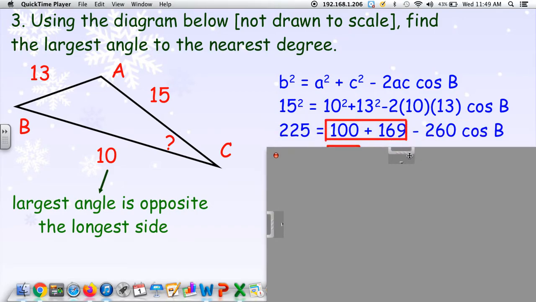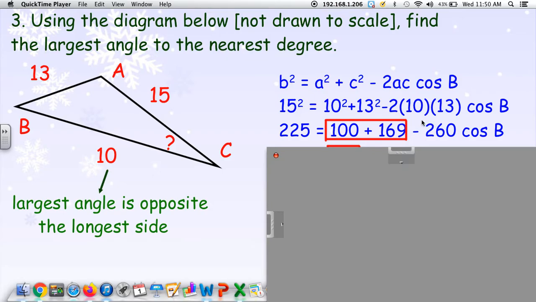So next step, 225 equals 100, that's the 10 squared, plus 169, that's the 13 squared, minus 260, that's the negative 2 times 10 times 13, cosine B. Now in doing this, we have to follow the order of operations, and we have to be able to recognize when there are like terms and not like terms.